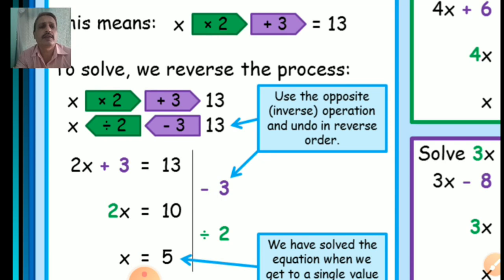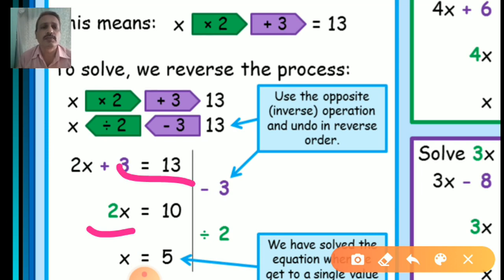On the left side you find only 2x. This 3 moves to the right side, so plus 3 becomes minus 3. Now this 2 in green color has to go to the right side, so multiply becomes divide. 10 divided by 2, the final answer is x is equal to 5. Easy? Yes. Inverse, opposite direction, opposite sign.